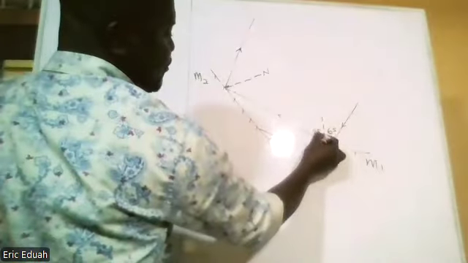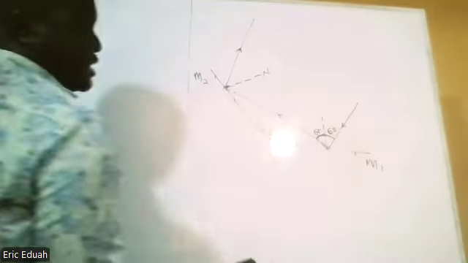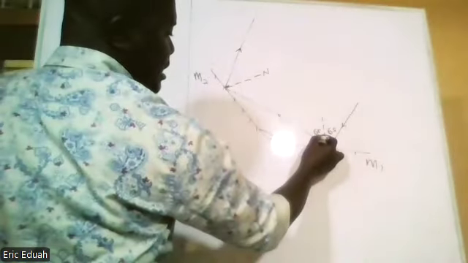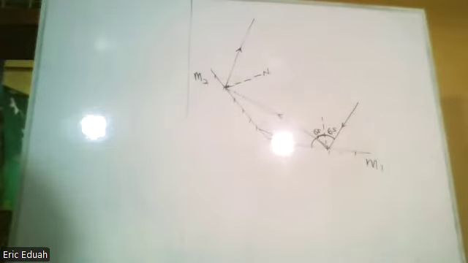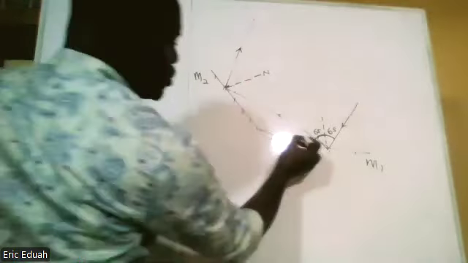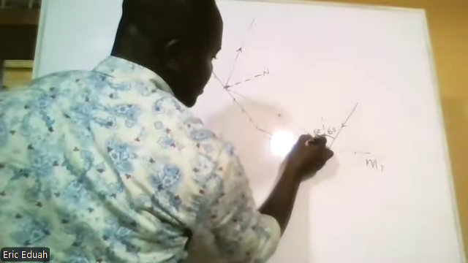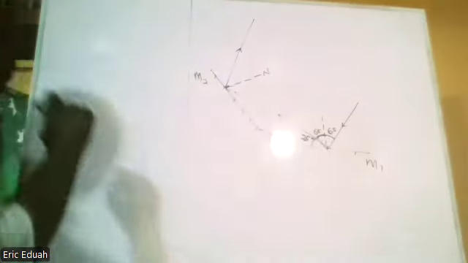So if the angle of incidence is 65, then the glancing angle would be 90 minus 65, which is 25 degrees.